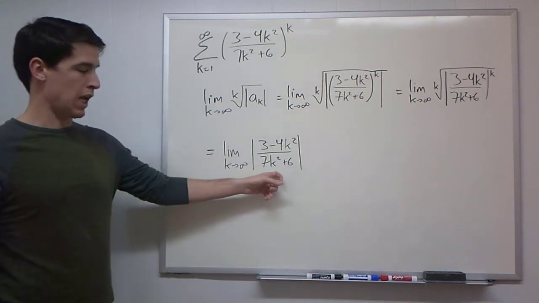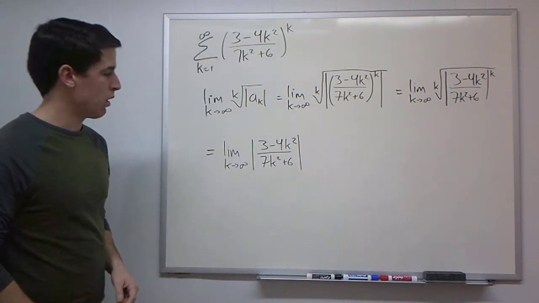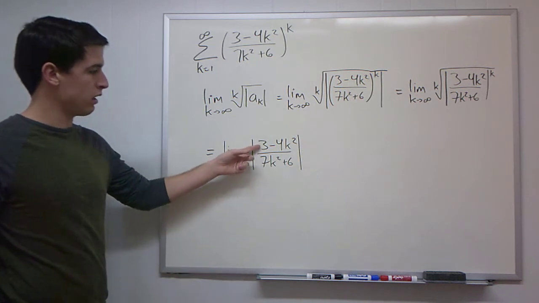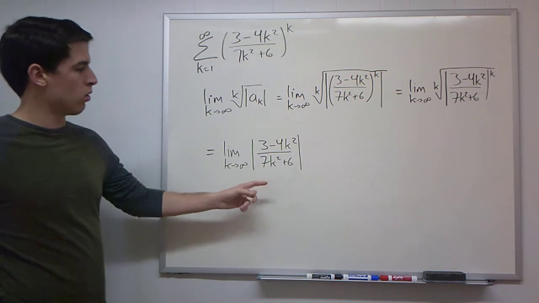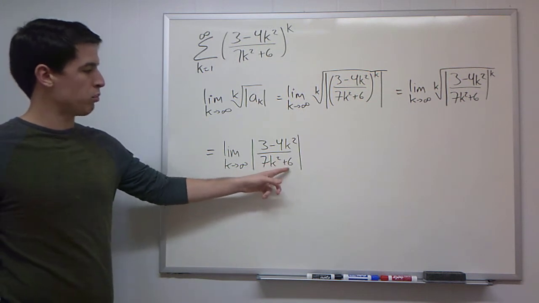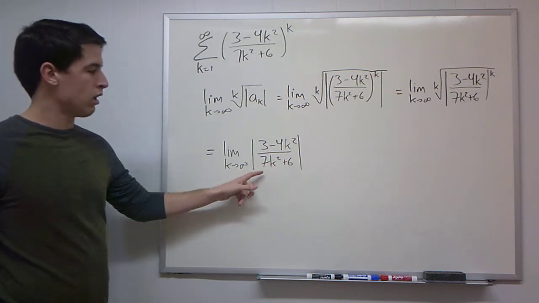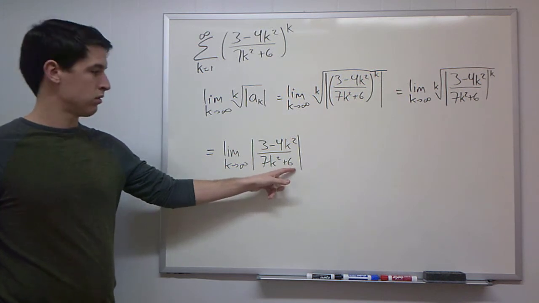Now when I think about this absolute value, I want to think about the sign of the expression inside the absolute value. So my 7k squared plus 6 will always be positive.